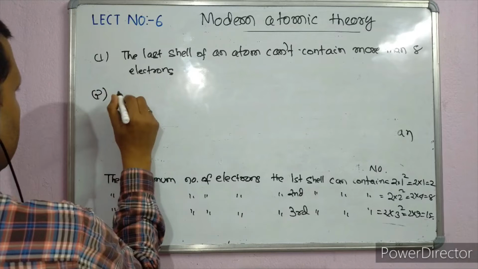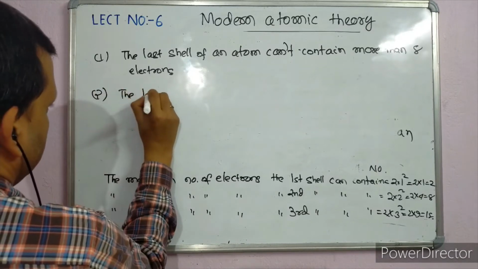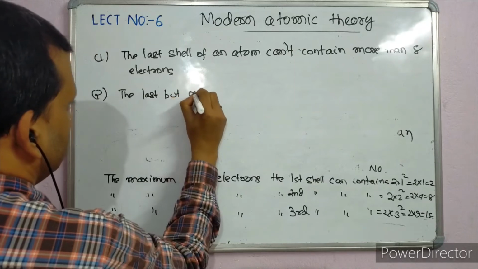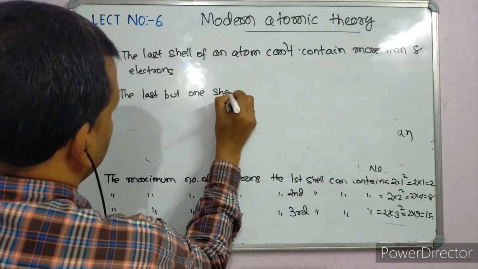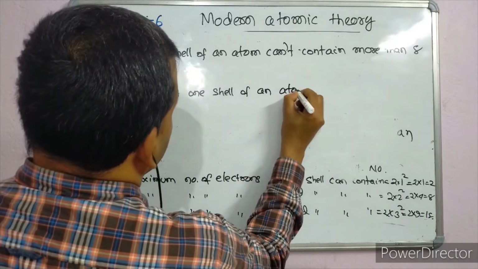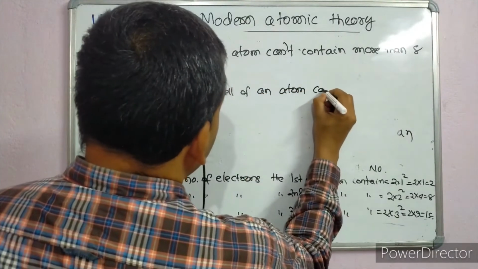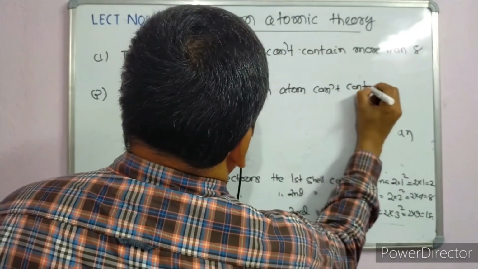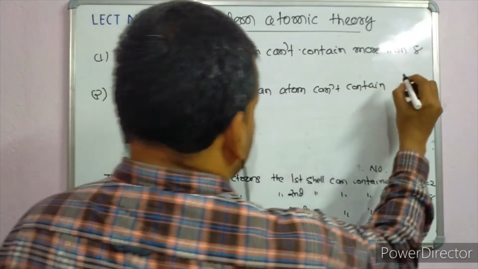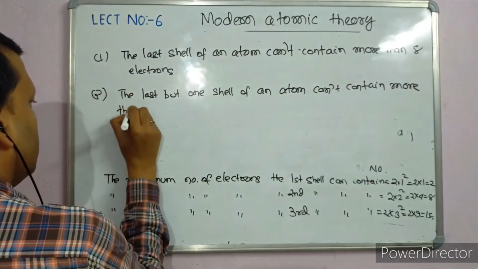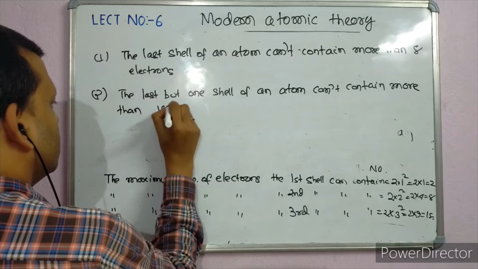Similarly, the last but one shell of an atom cannot contain more than 18 electrons.